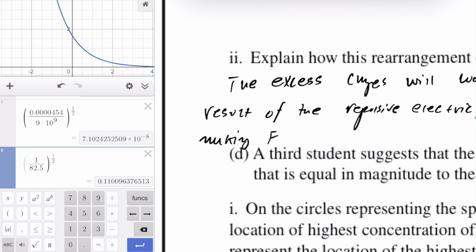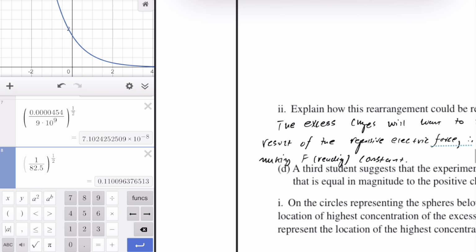Well, making F reading, the reading of the force, constant. So there we go. Right?